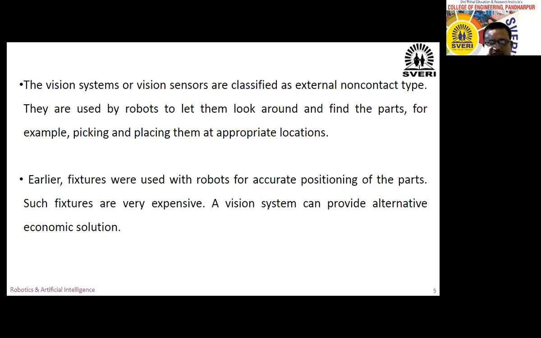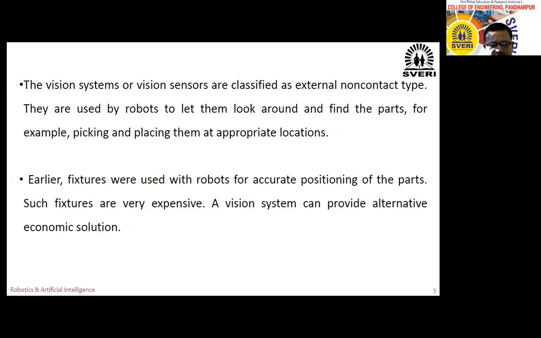The vision systems or vision sensors are classified as external non-contact type. They are used by robots to let them look around and find the parts, for example, picking and placing them at appropriate locations.